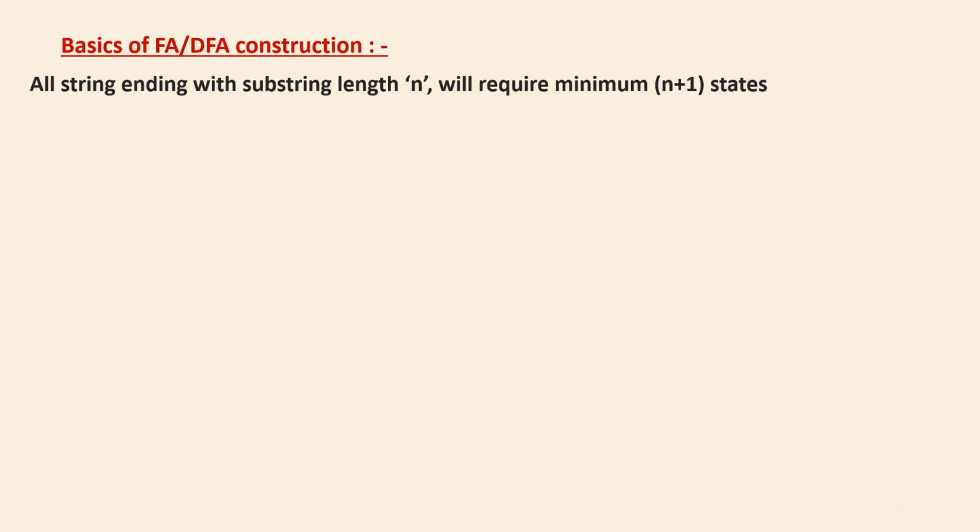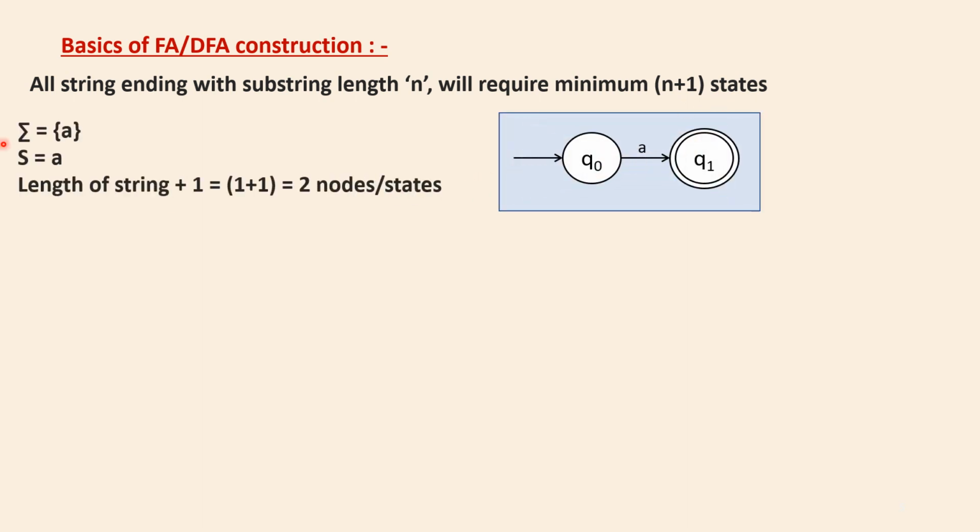Let us see how to construct a DFA where we have substrings of length n, or a string ending with some length, then we will use the formula n plus 1 states. See here we have the alphabet is A, the string is A. So the length of the string is 1, where I will need the minimum states to be n plus 1, which is nothing but 2 states or nodes.